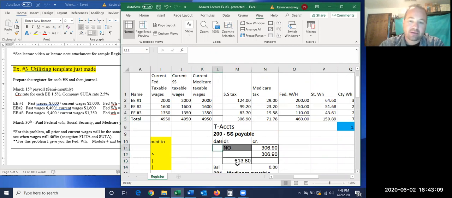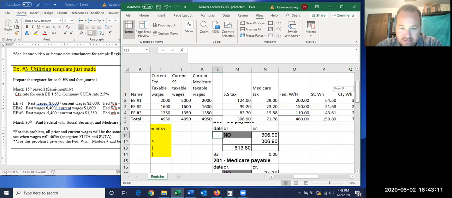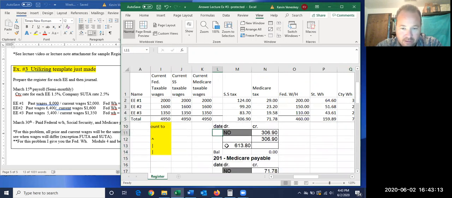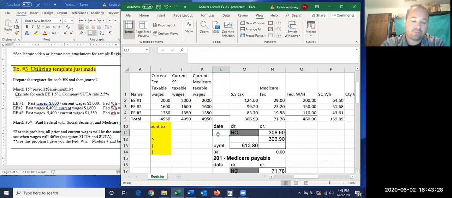So this would be, I don't really like exactly what I have here. I want to put one more. If I was doing this, I would have a little balance here that says $613.80 over here. And then this is the payment. So this would have said payment here. And this would have been journal entry number 1, journal entry number 2.